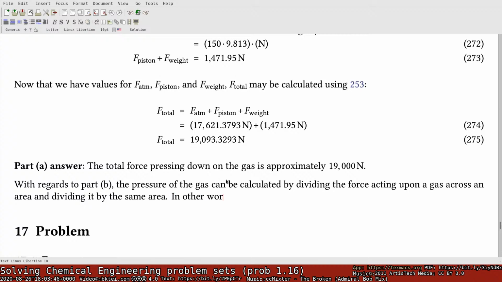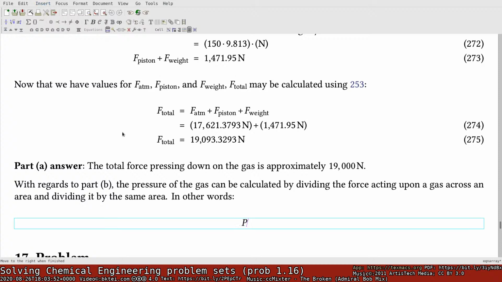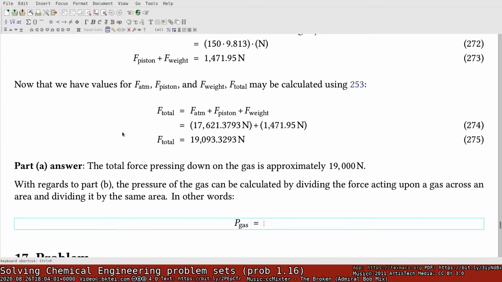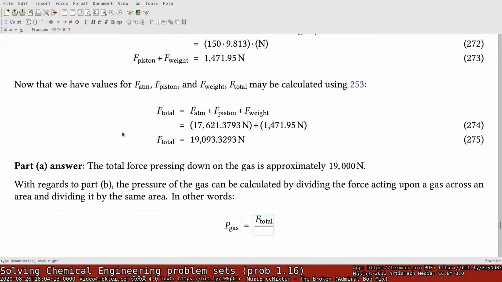In other words, we can just explain it in an equation. So the pressure, and this will be the absolute pressure of the gas, is going to be the force total acting over an area.